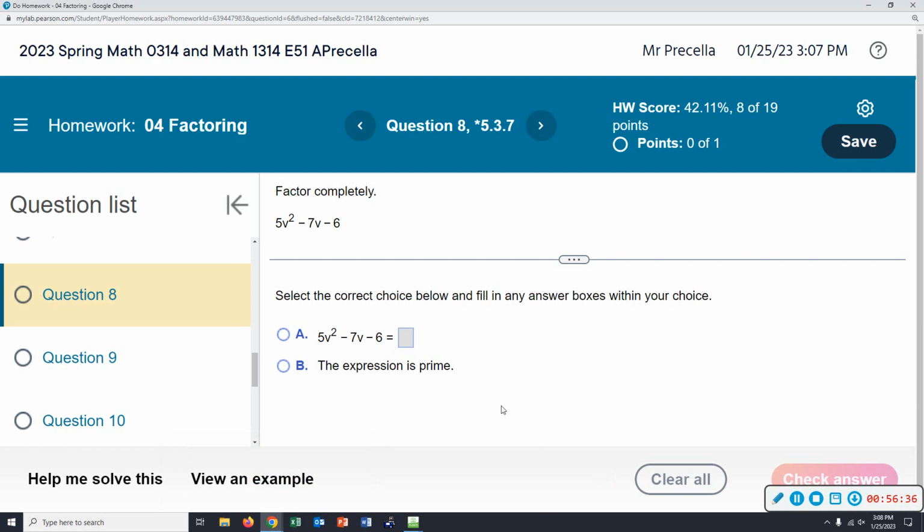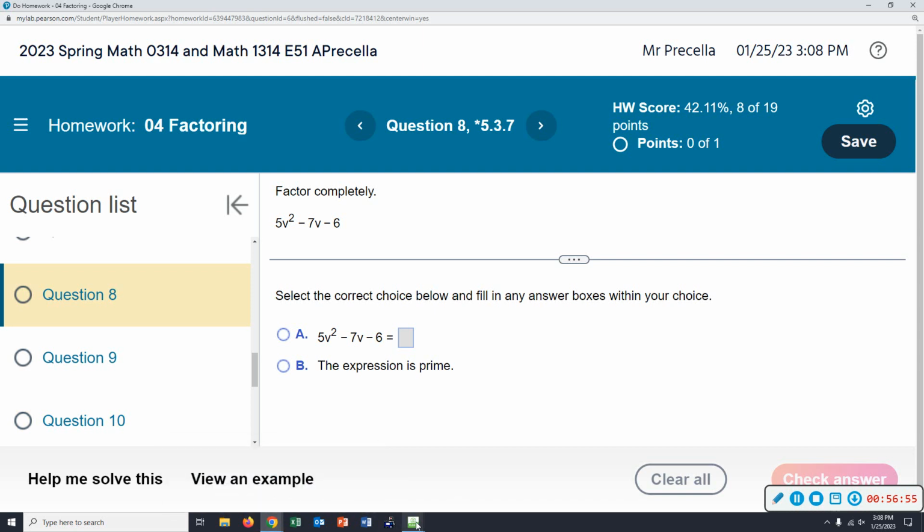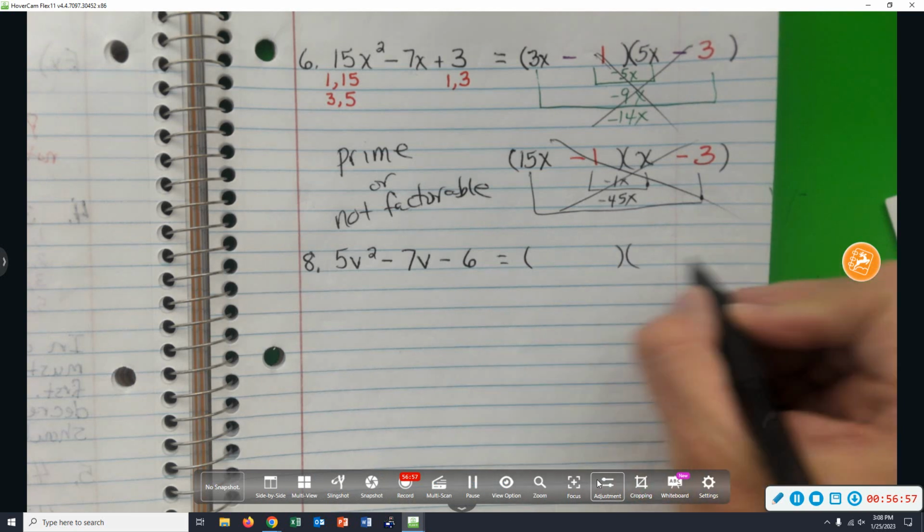Okay. 5b squared minus 7b minus 6. Well, I'll draw my 2 sets of parentheses.